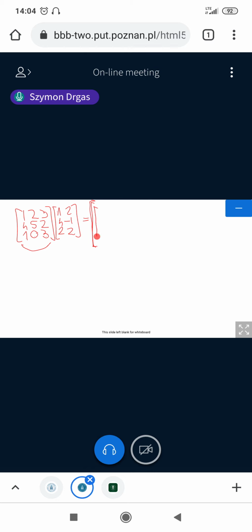So the first column is 1, 4, 1. So actually, both columns of the resulting matrix will be combinations of the same columns, so columns of the left-hand matrix.